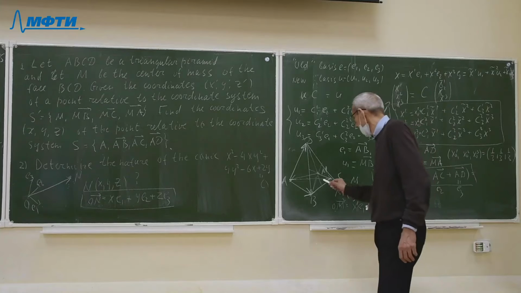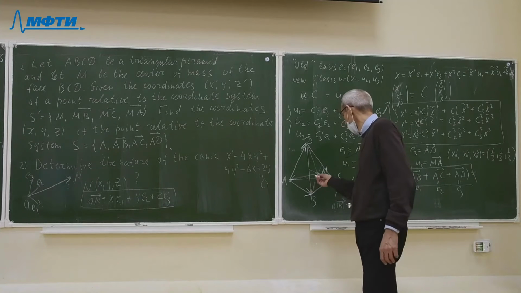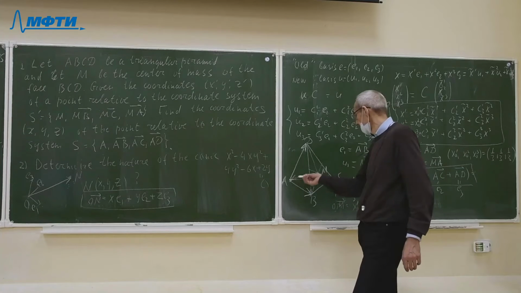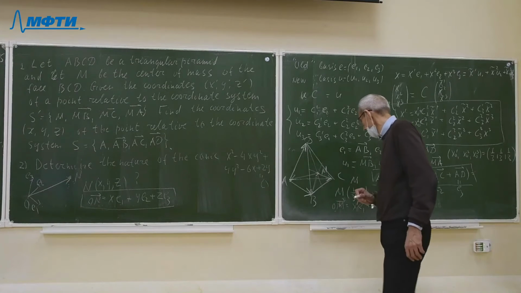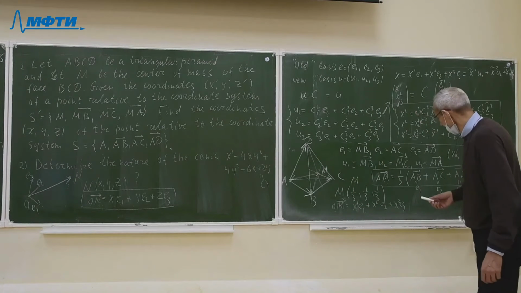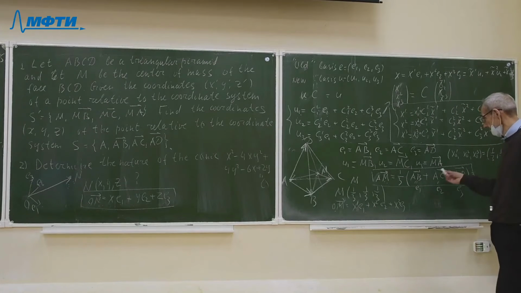Our goal is to express the vector OM as a linear combination of these three vectors. And we obtain the following expression: AM is exactly equal to the sum of these vectors divided by 3.